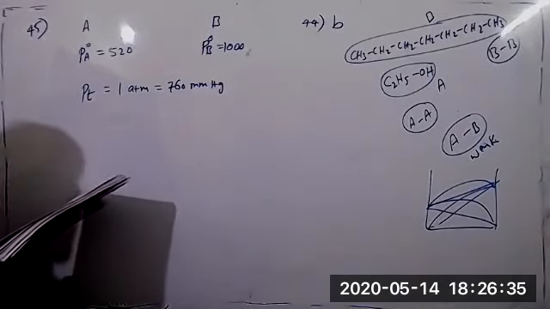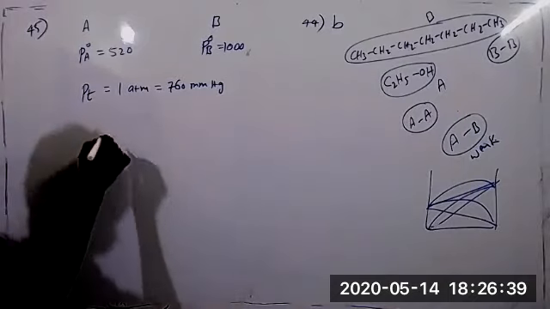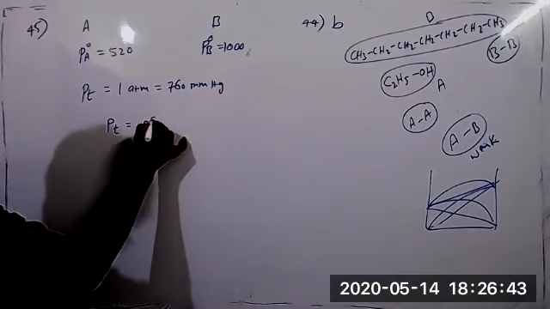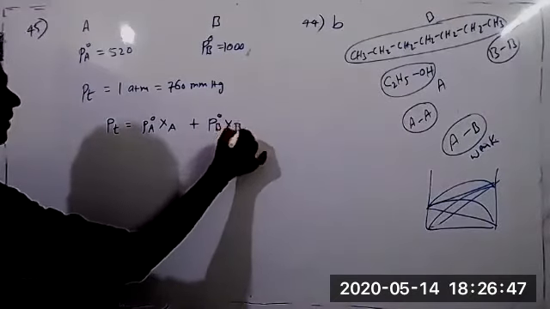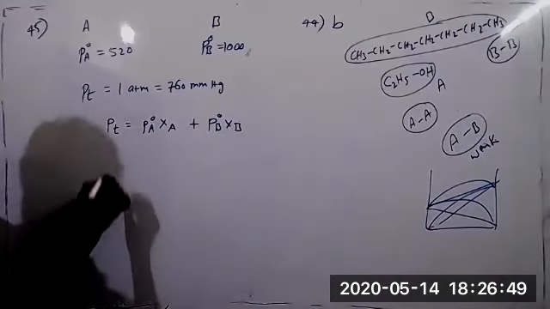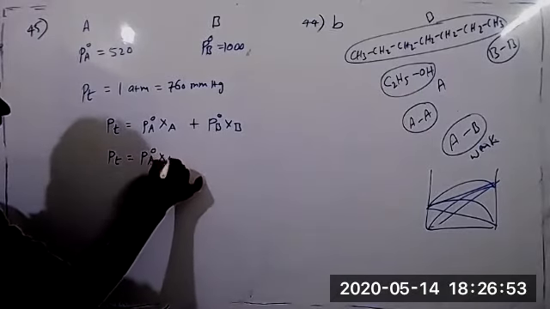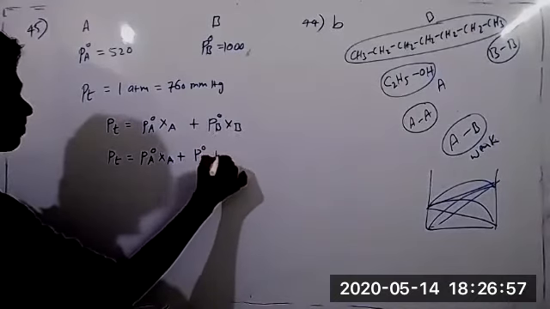The amount of A in the mixture. The formula is P total is equal to PA power 0 into XA plus PB power 0 into XB. I am writing XB as 1 minus XA.